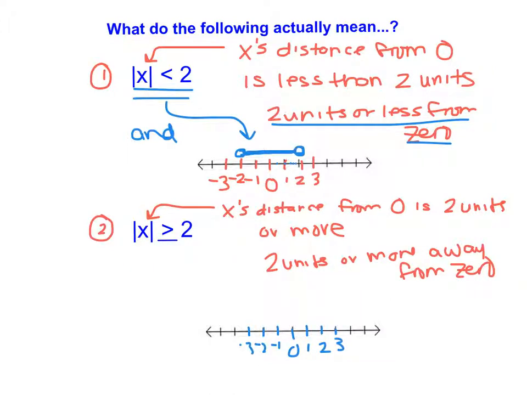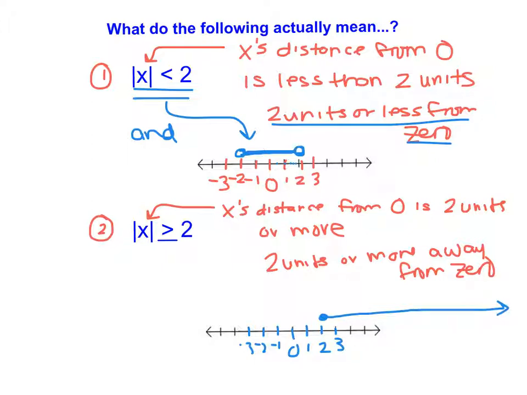If we start at 0, well, 1 isn't 2 or more units away from 0, and 2 is where we start being 2 units or more away from 0. So 2 is the first number we could be at, and then we could continue going to bigger numbers. 3 is 2 units or more away from 0, and 4, and 5, and 6, and so on.